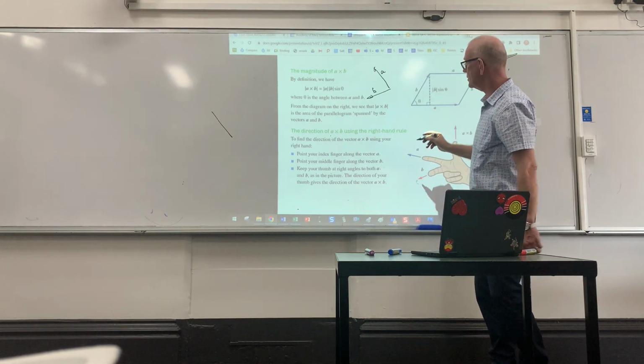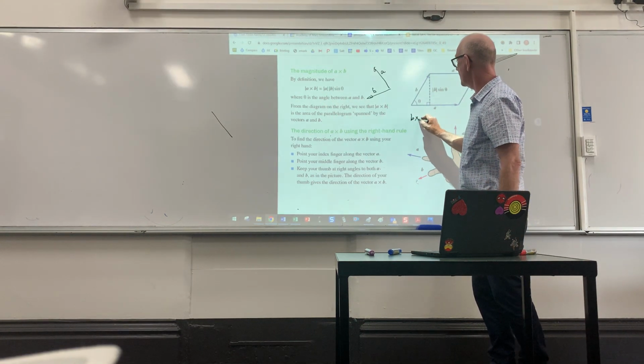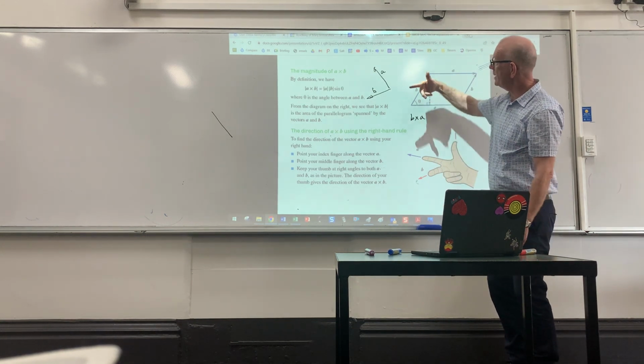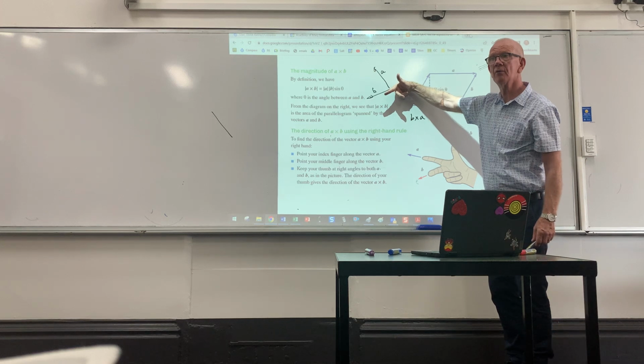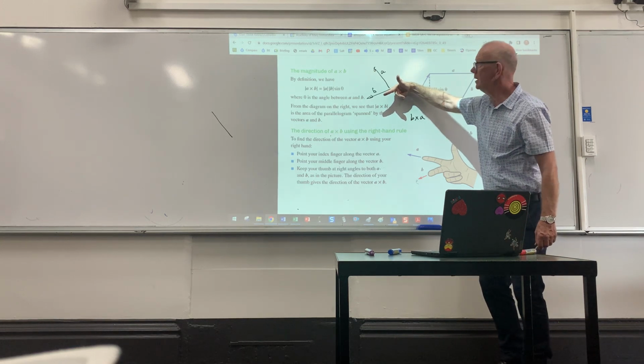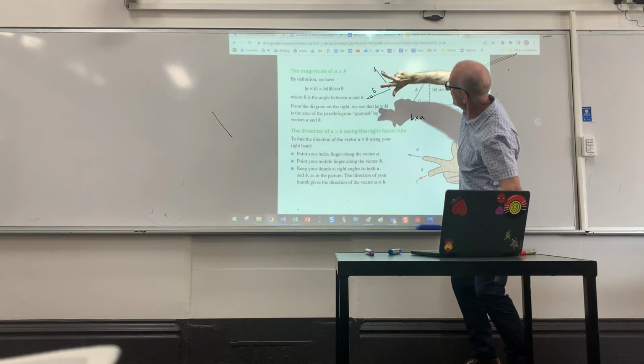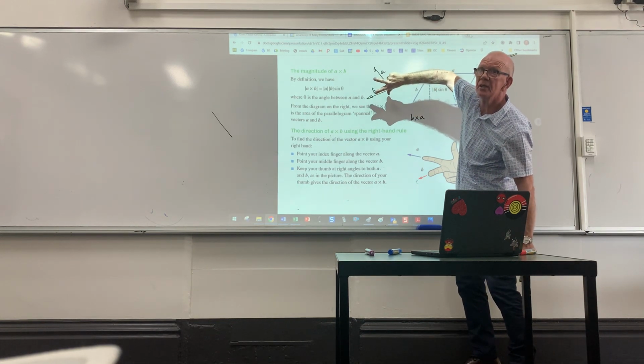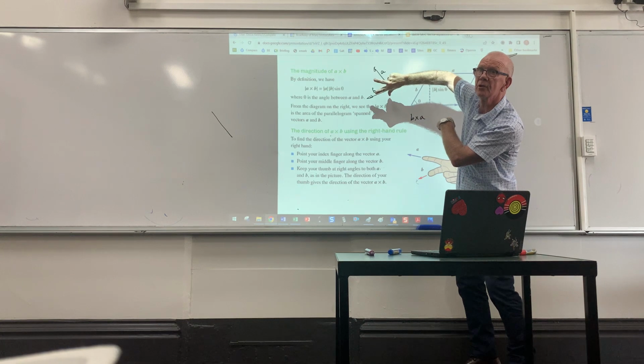If I then wanted to find the cross product of B times A, swap the order around, my index finger has to go in the direction of B, my second finger has to go in the direction of A, and can you now see your thumb going in the opposite direction?